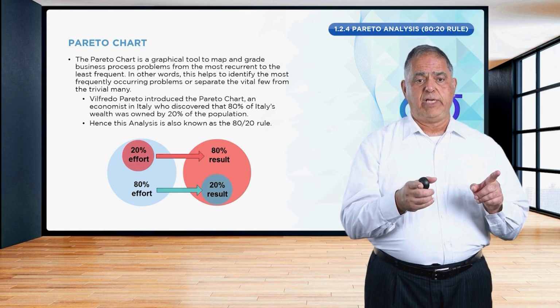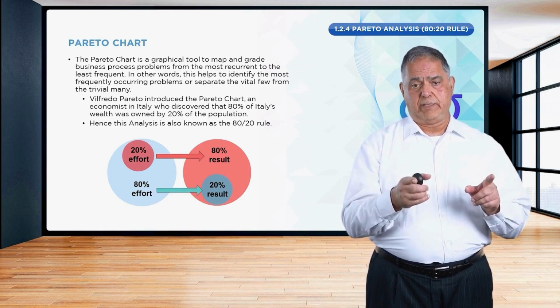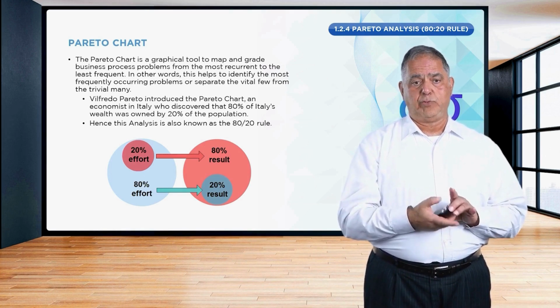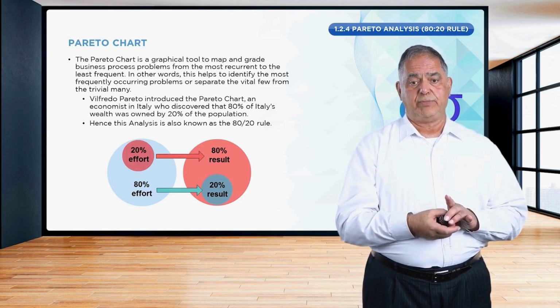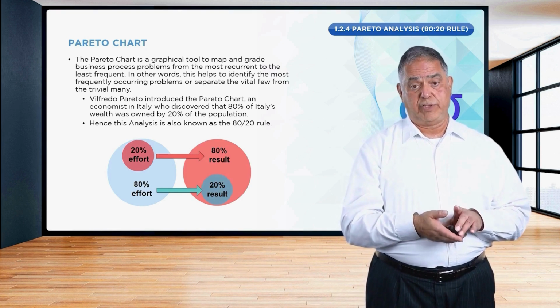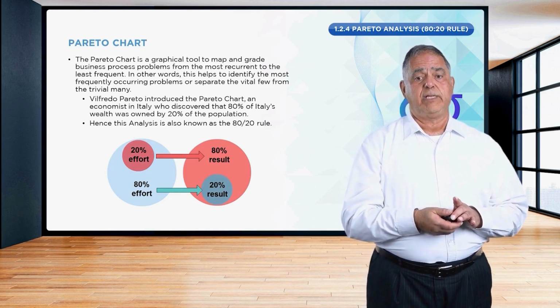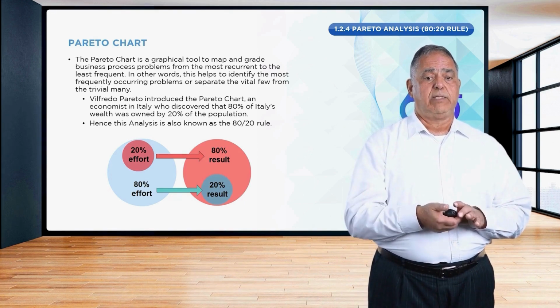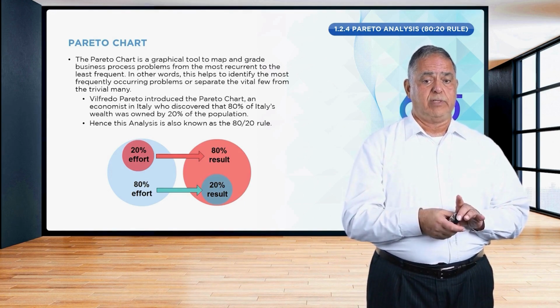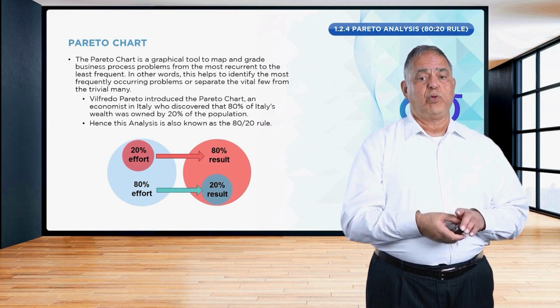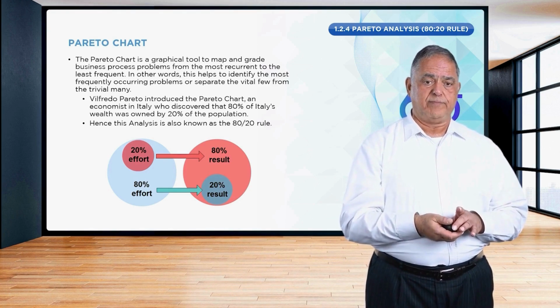If we transpose the 80-20 rule in terms of efforts versus results, we see that 20% of the efforts contribute to 80% of the results.